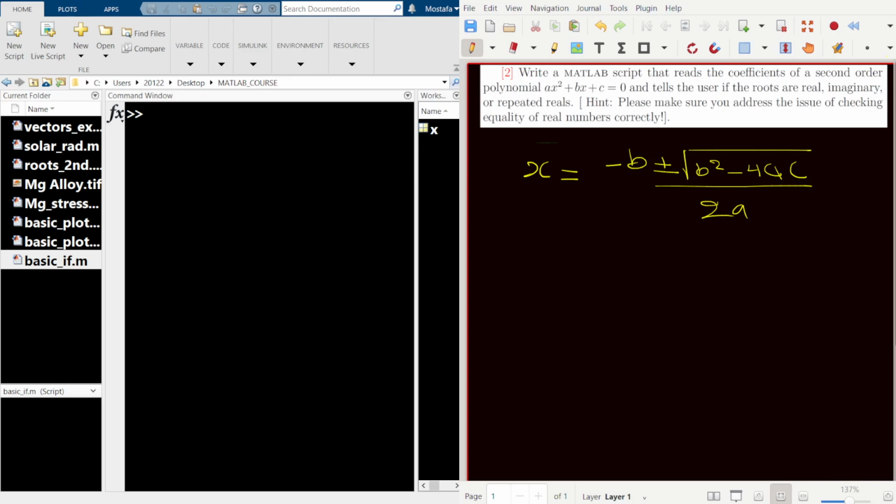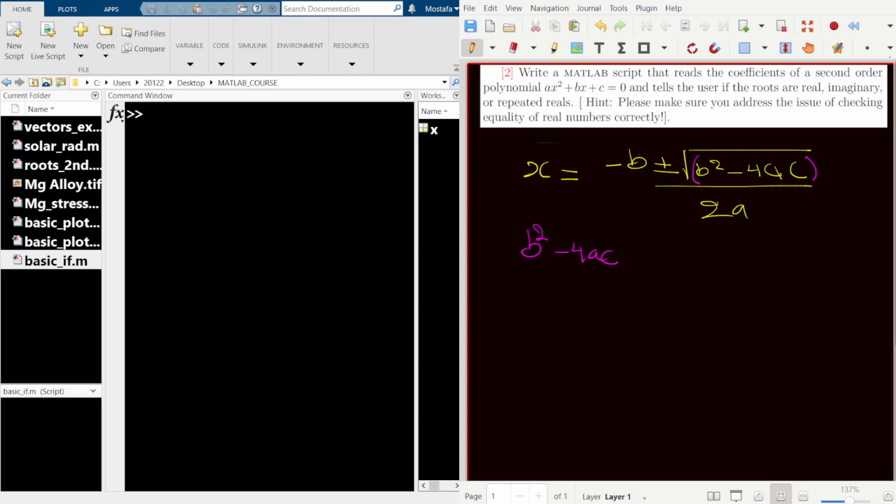If you remember the theory of second order polynomials, all you need to compute is the so-called discriminant, which is this quantity here in the bracket. So all we need to calculate is b squared minus 4ac, and that is enough to decide the nature of the roots.